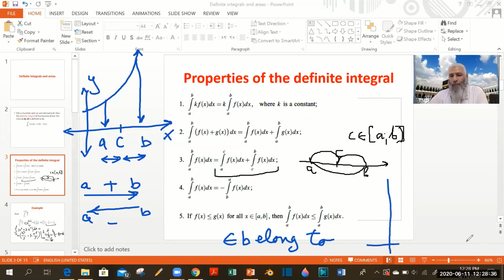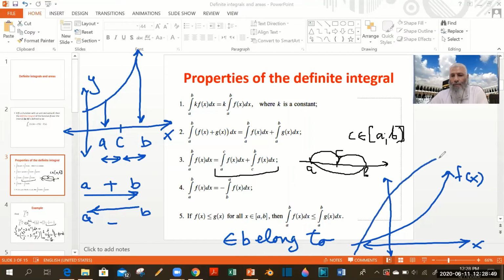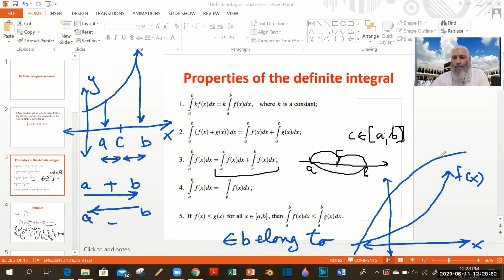What does this mean? This means that if I have, let's say, this is f of x, and this is g of x, and I need the integration from A to B, from x equals A to B, then this integration is less than the integration of g of x from A to B too.